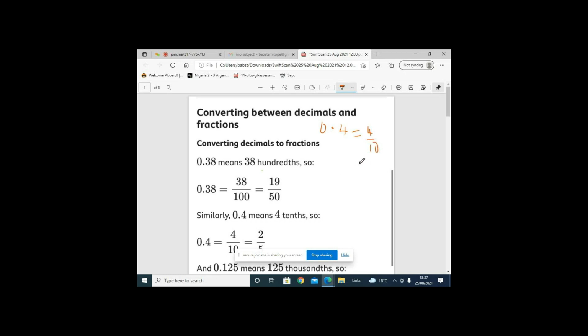If you have 0.34, because this one is 2 decimals, it's going to be what? 34 over 100. Do you get it? So if you have 1.25, change this to a fraction, it's going to be 125 over 100, because this one is 2 decimals. So it depends on the number of decimals. That's it. This one is straightforward.